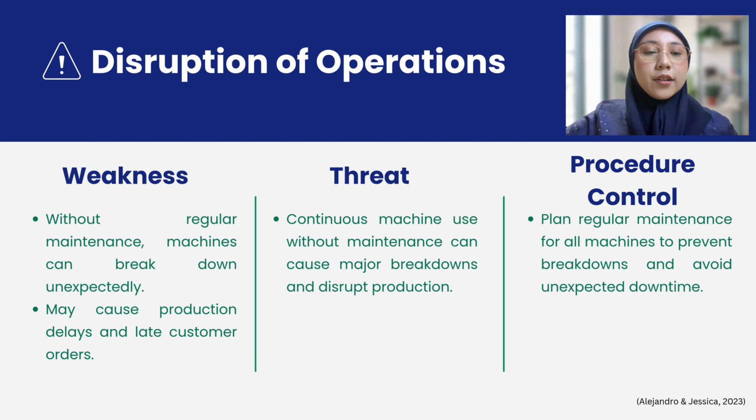To reduce this risk, the company should schedule regular maintenance for all machines. Regular maintenance helps keep the machines in good condition, reduce unexpected downtime, and ensure production continues smoothly. In conclusion, proper machine maintenance reduces the risk of operational disruptions and helps the company operate more efficiently.